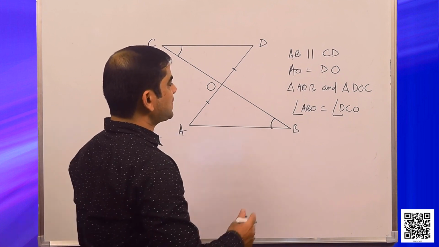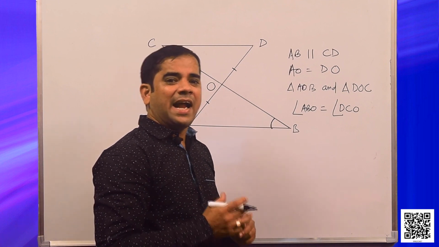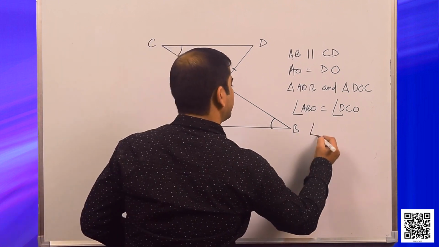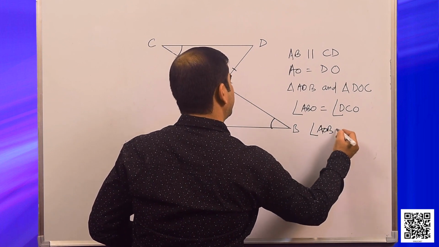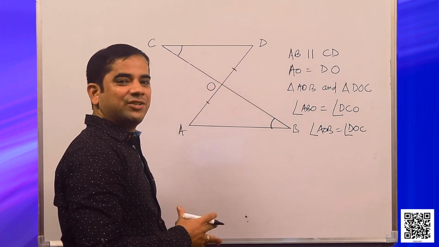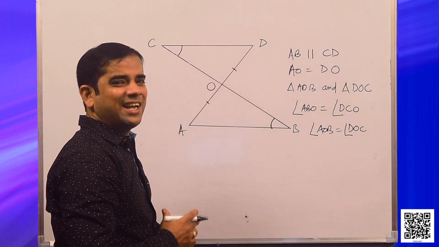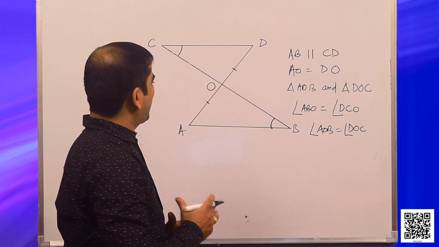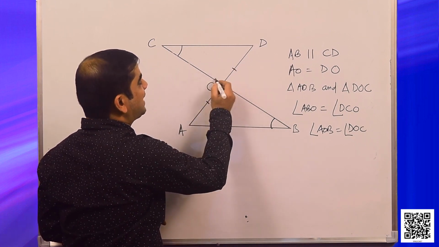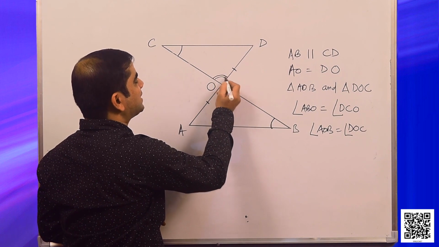Then angle AOB is equal to angle DOC. Can you say why? I hope you understand that these two angles are vertically opposite to each other.